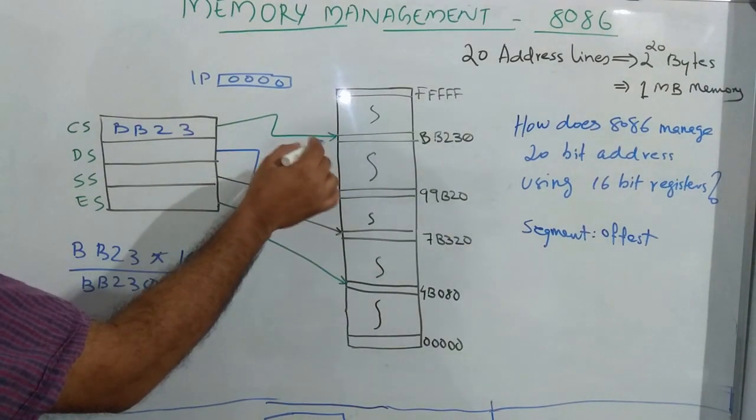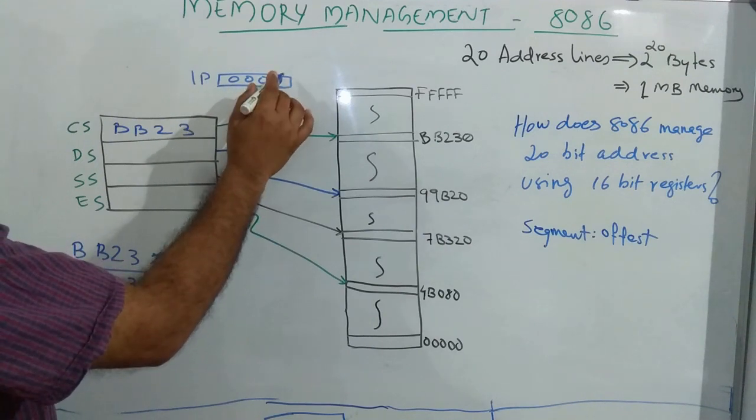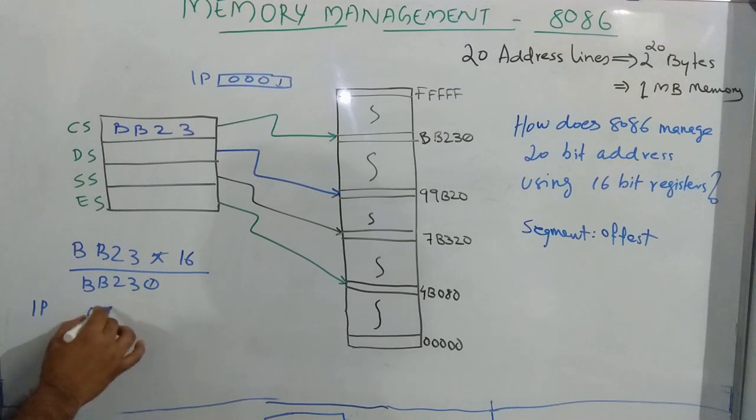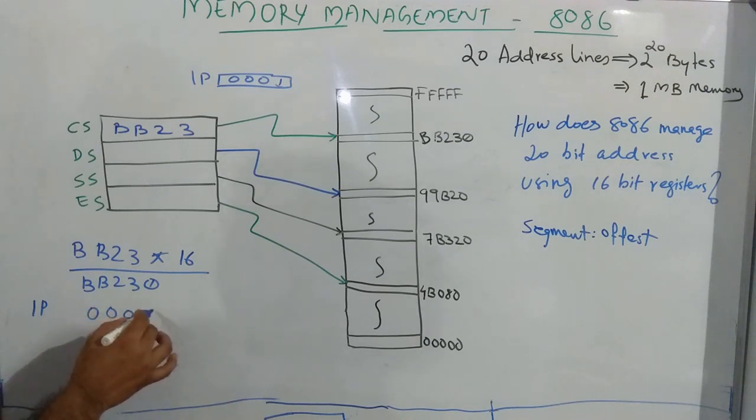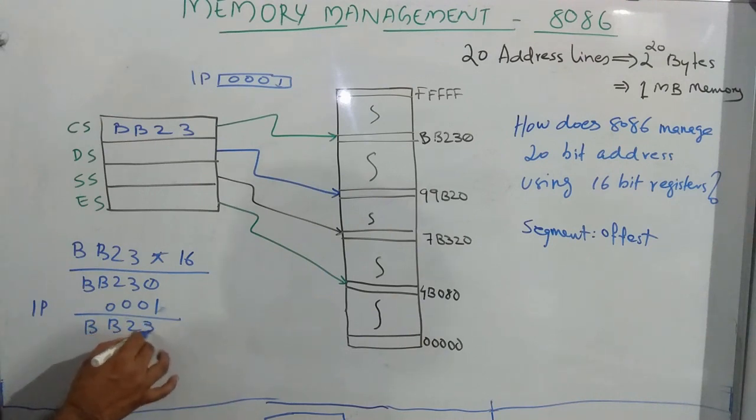If you want to access the next byte, the IP register will be holding the value 0001, and the IP register content will be added to this. You will get an address BB231.